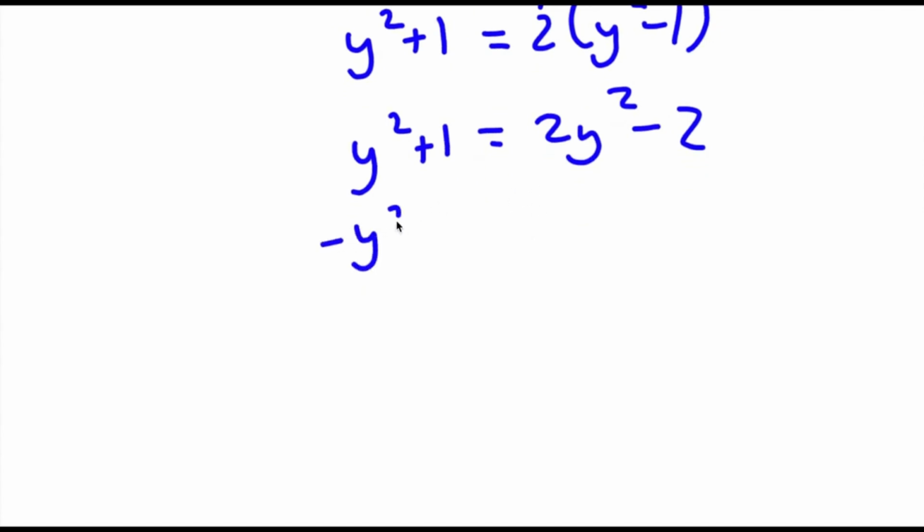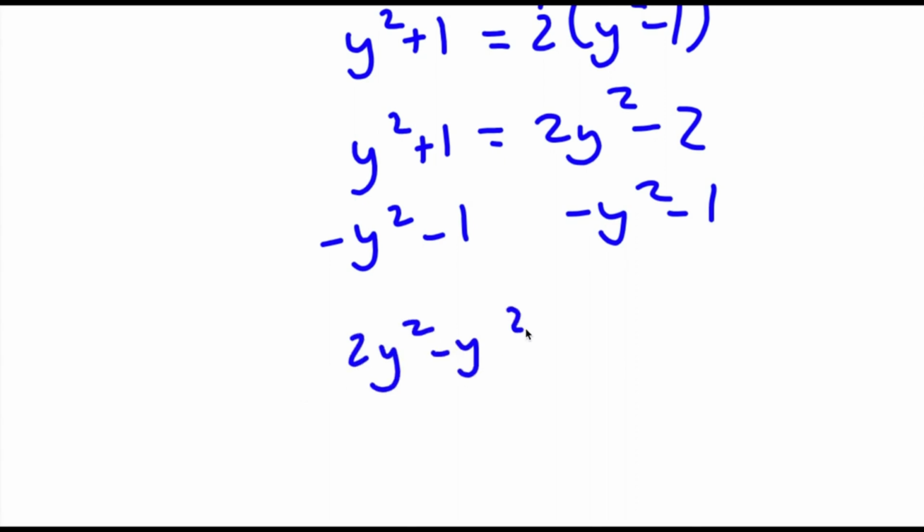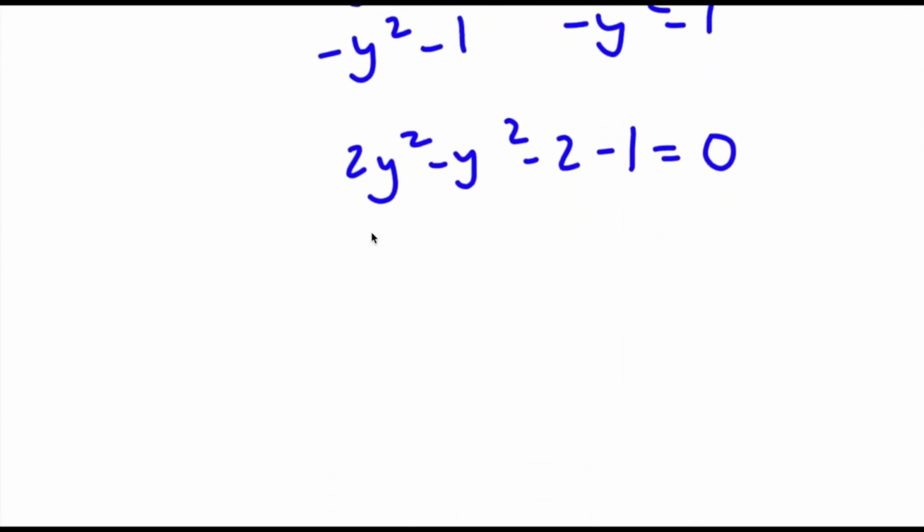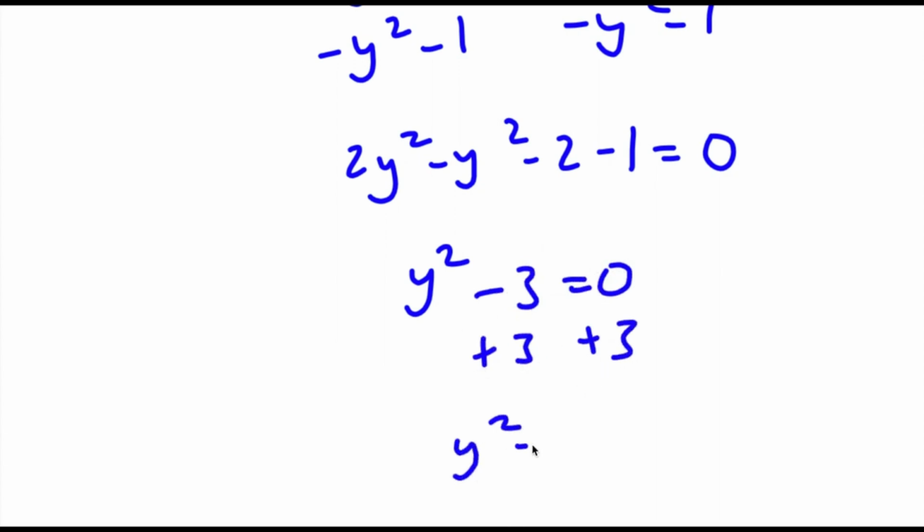Now I can subtract y squared and 1 on both sides. So now I get 2y squared minus 2 minus 1 is equal to 0. 2y squared minus y squared is y squared, and negative 2 minus 1 is negative 3, so I have y squared minus 3 is equal to 0. Now if I add 3 on both sides, I get y squared is equal to 3.